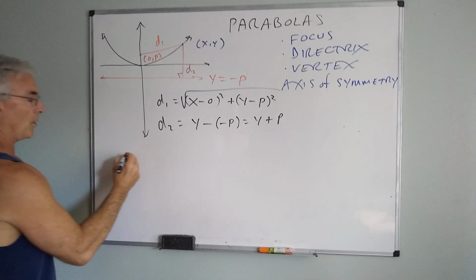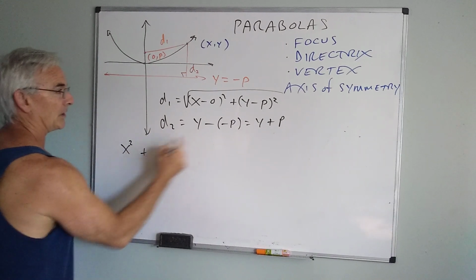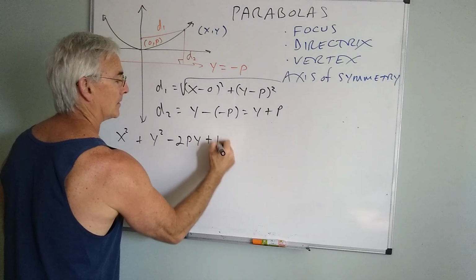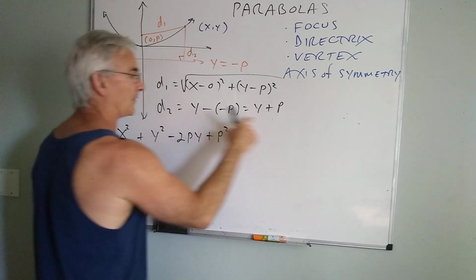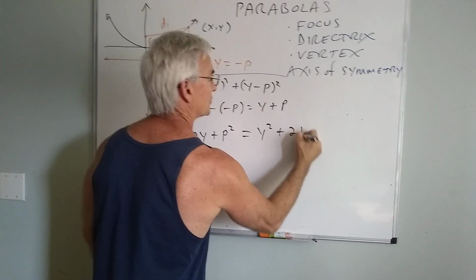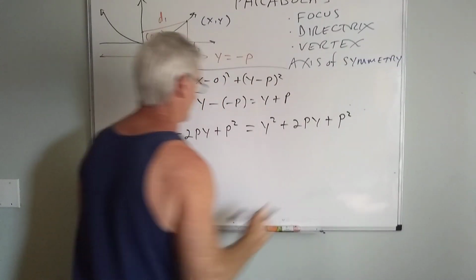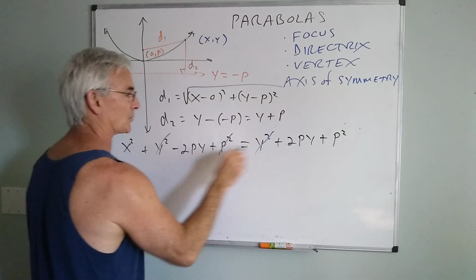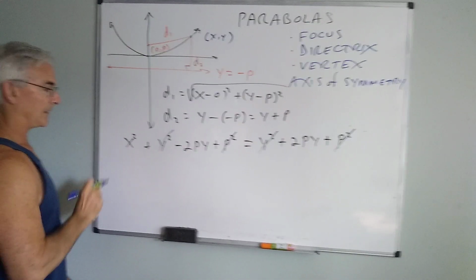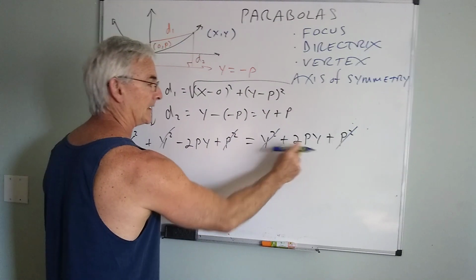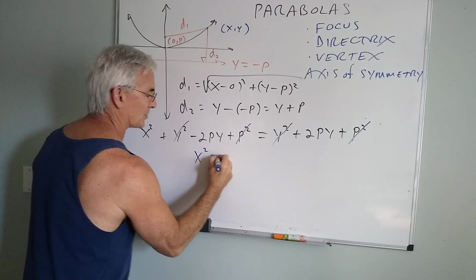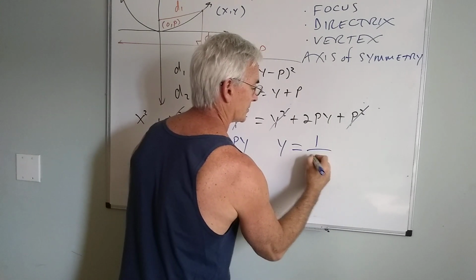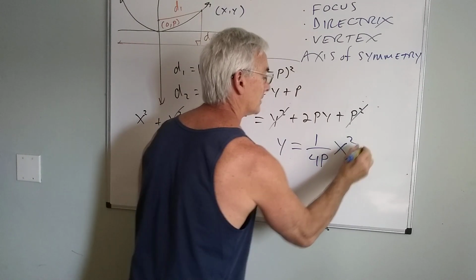If I square d1, I'll get x squared plus y squared minus 2py plus p squared. If I square d2, I'll get y squared plus 2py plus p squared. Now notice, very conveniently, the y squareds cancel, the p squareds cancel, and I'm left with x squared minus 2py equals 2py, or x squared equals 4py. Solving for y gives us y equals 1 over 4p times x squared.